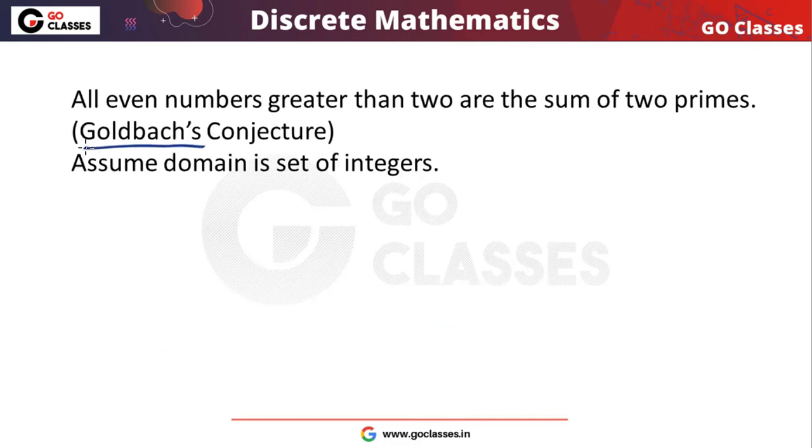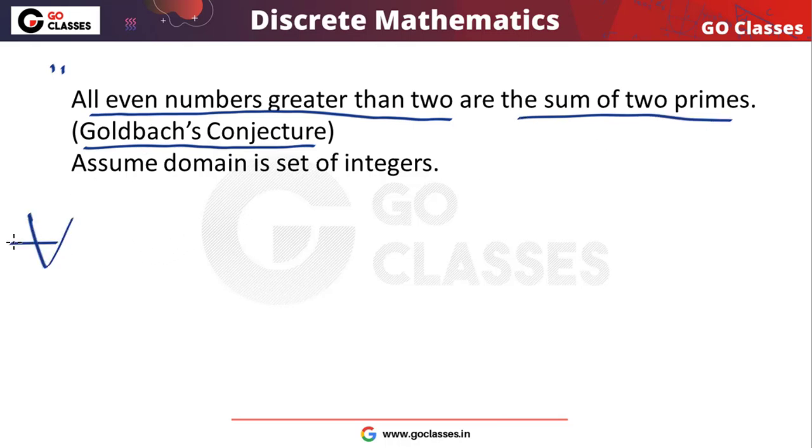This is the Goldbach conjecture. This conjecture says that all even numbers greater than 2 are the sum of two primes. So how can you write this? Very simple.